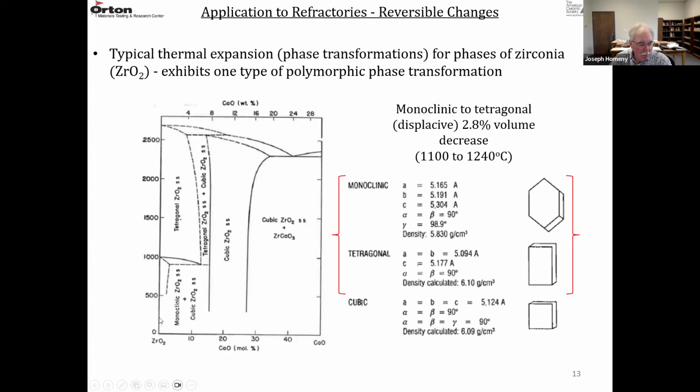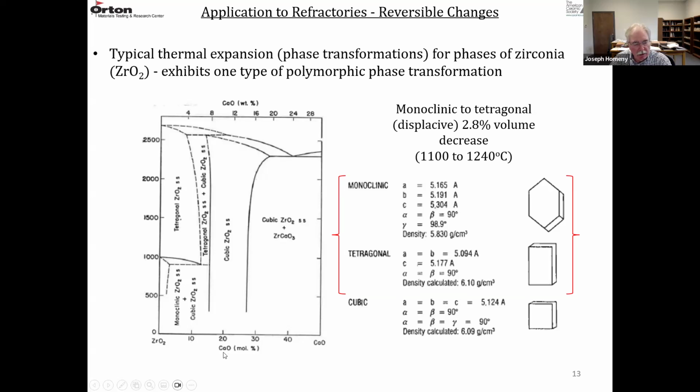So close to 100% ZrO2, you have this phase field, monoclinic plus cubic zirconia. When you reach a temperature just around 1,000 degrees C, the monoclinic transforms to tetragonal, or if you have a higher lime content, tetragonal plus cubic.